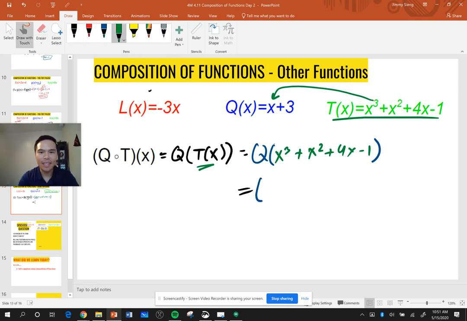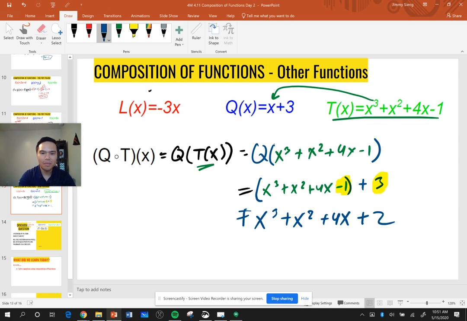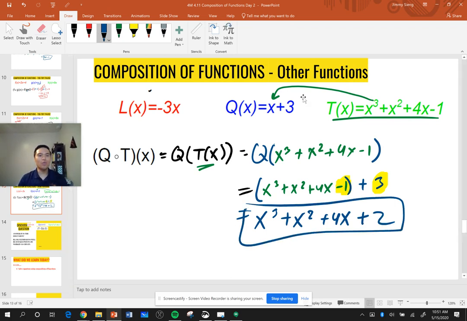But this one's easy. This is just x to the 3rd plus x squared plus 4x minus 1, plus 3. If you see here, you can only combine your numbers. So really my answer is just going to be x to the 3rd power plus x squared plus 4x. What's negative 1 plus 3? Plus 2. Tricked you. Thought it'd be hard, wouldn't it?